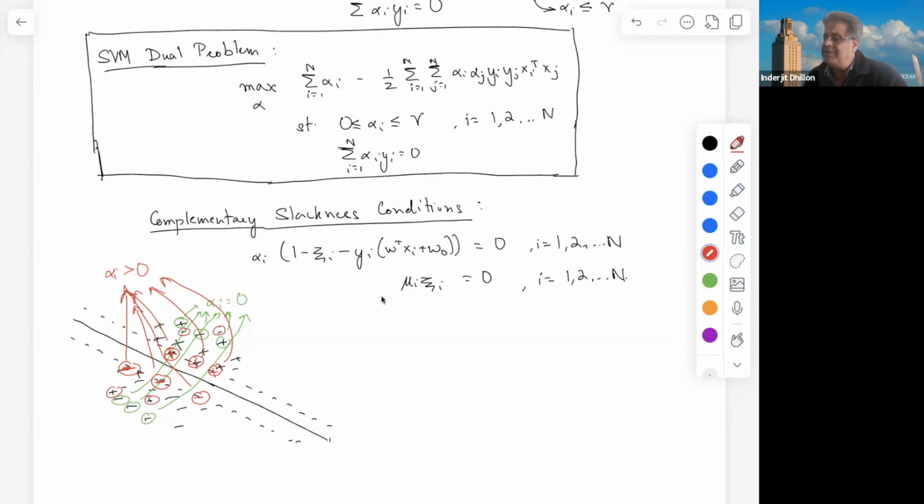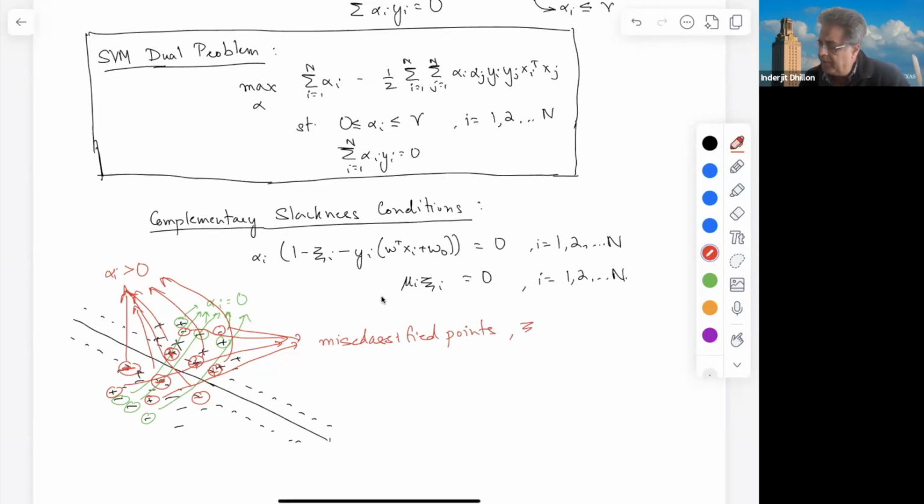And what happens to the misclassified points? These points are misclassified. What happens for these points?